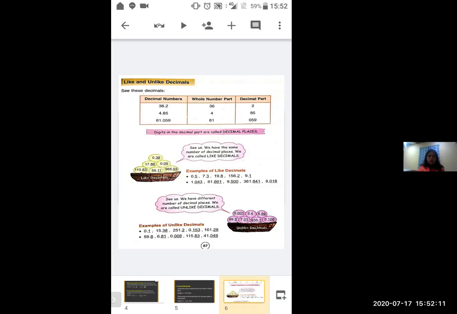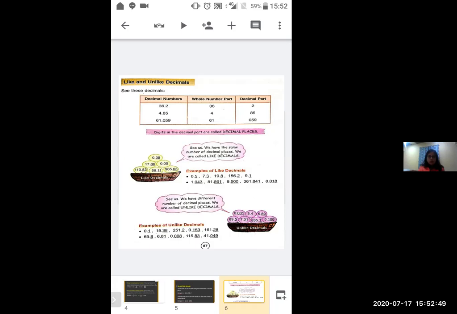If we have the same number of decimal places, they are called like decimals. This means that if there are the same number of digits in the decimal part, they have the same decimal places, and if they have a different number of digits after the decimal point, they have different decimal places.